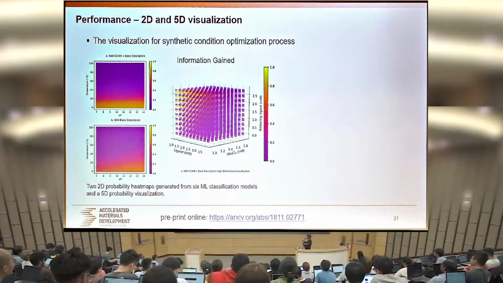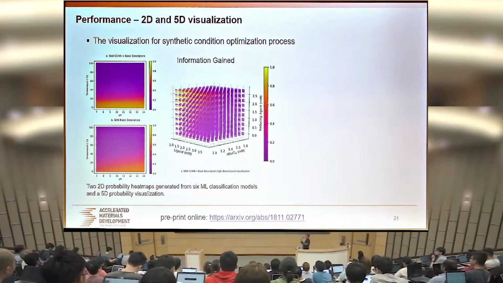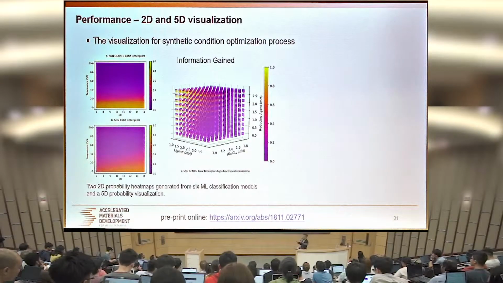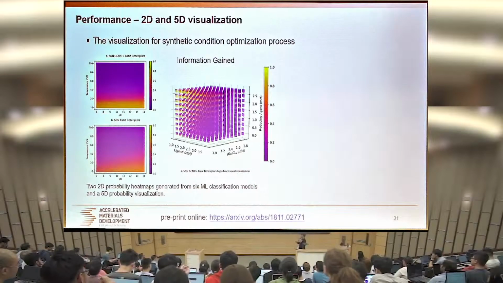So we do the visualization of it. To do the visualization, please first look at the 2D heat map. The heat map plots the probability of successful synthesis of gold nanoclusters at atomic precision against pH and temperature. And you can see there is a variation of color.